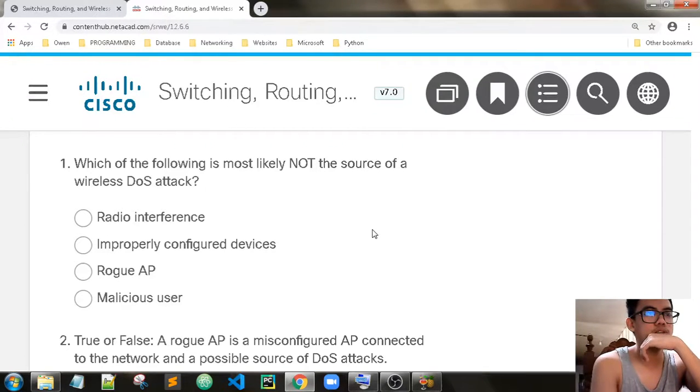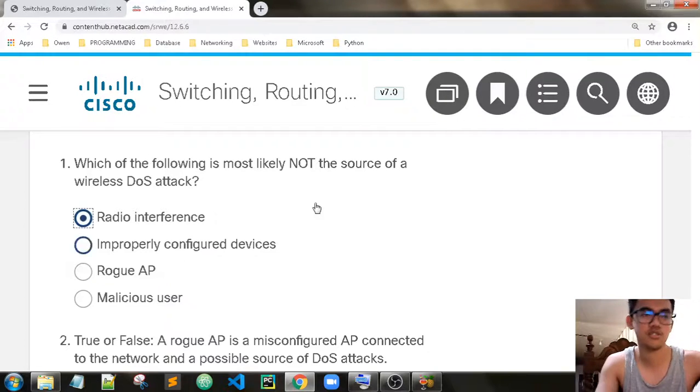Rogue AP. Radio interference. Denial of service. Radio interference. Properly configured devices. So I think it's radio interference, or rogue AP.